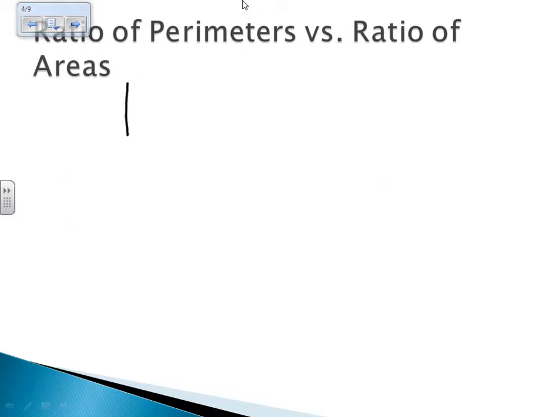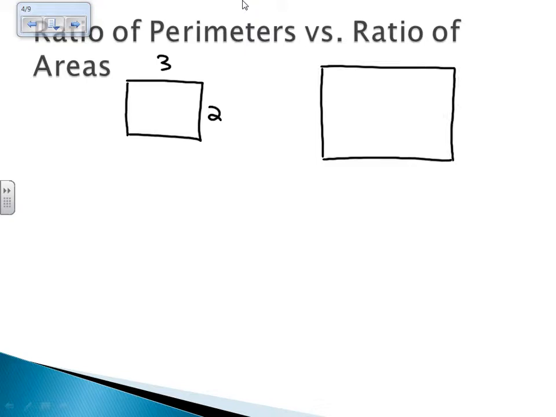This time I want you to do a 2 by 3 again. But instead of a 4 by 6, I want it more generally. I want to scale it by a factor of t. So to scale by a factor of t, I need to multiply both sides by t. So this will be 2t, and this will be 3t. It's exactly like we did the last problem, except now instead of multiplying by 2, I'm multiplying by any number, t.